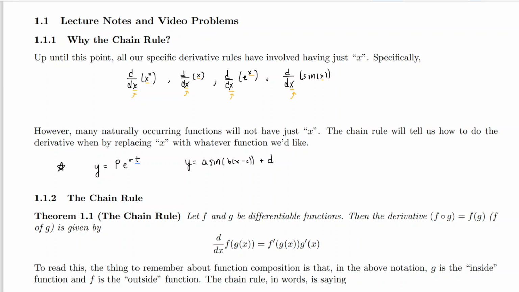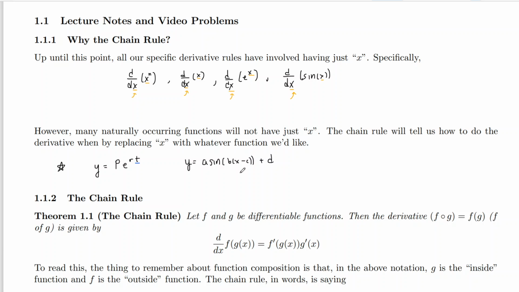So the chain rule is going to allow us to do many of the derivatives that we were not able to do already. And these are just 2 examples. There are tons of other examples of things that occur naturally when you model their formulas, where it's not just x, or if you have t for time, it's not just t.